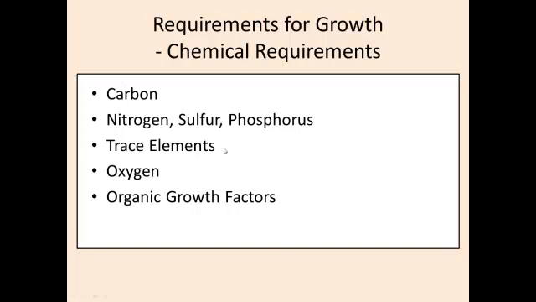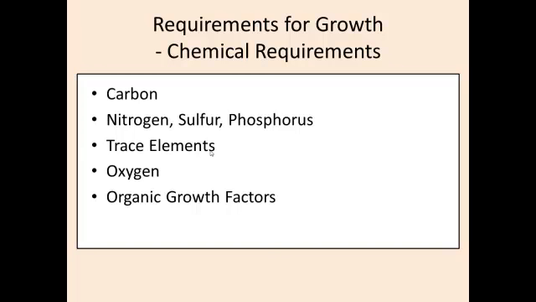Trace elements, those are things that you need just a little bit of. You need just a little bit of iron. You need just a little bit of magnesium, usually for enzymatic functions. Okay, oxygen. We're going to talk about oxygen in great detail in the next slide because different organisms need different amounts of oxygen.